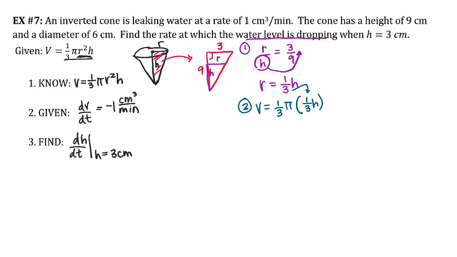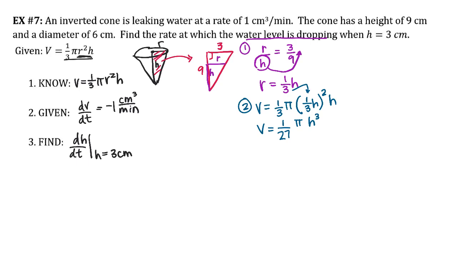So we're going to have 1/3 h squared times h. So our volume is going to be, this is 1/9 times 1/3, so 1/27 pi h cubed.